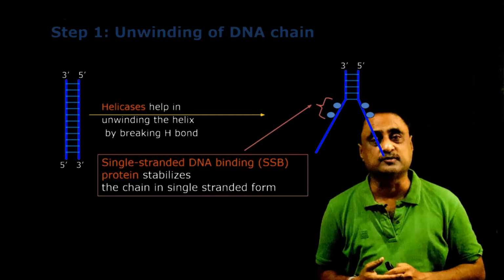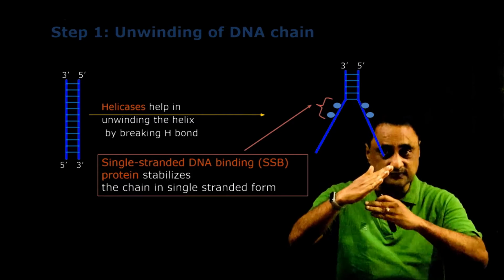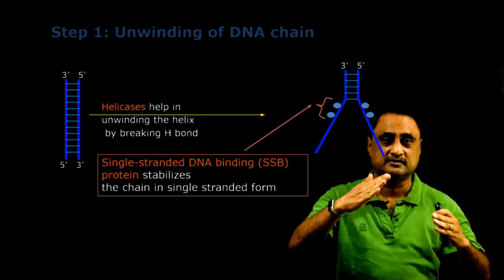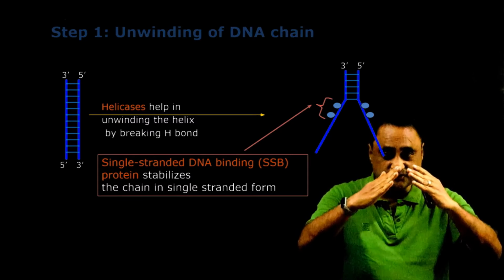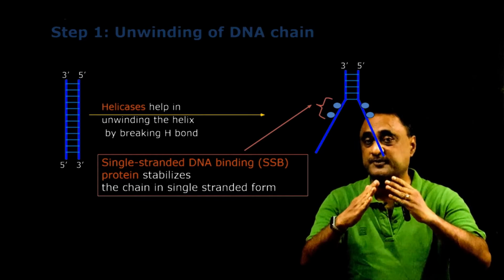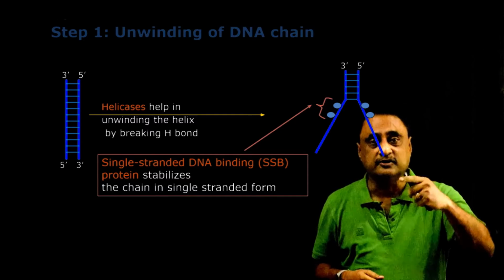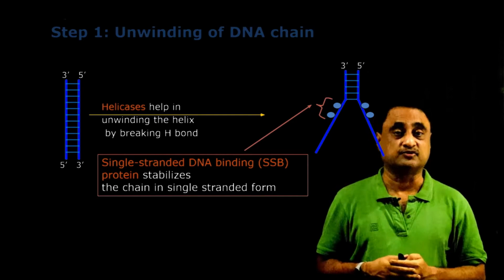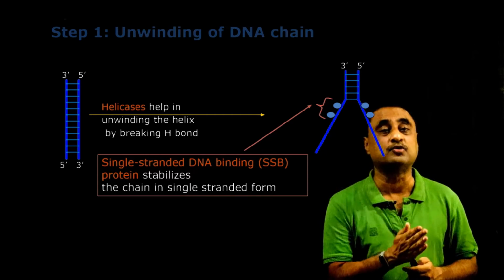Once the hydrogen bonds are broken, the DNA strands are separated for the further course of action. Another requirement is that the DNA strands have to remain separated, because only then can synthesis occur. Here another protein is utilized, called SSB protein, that is single strand binding protein.